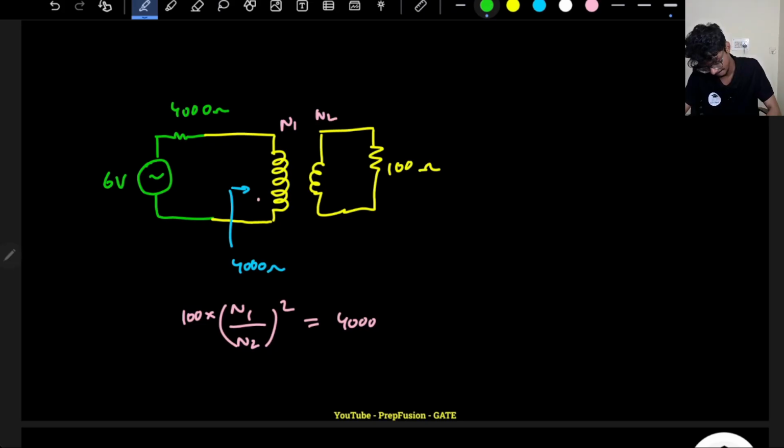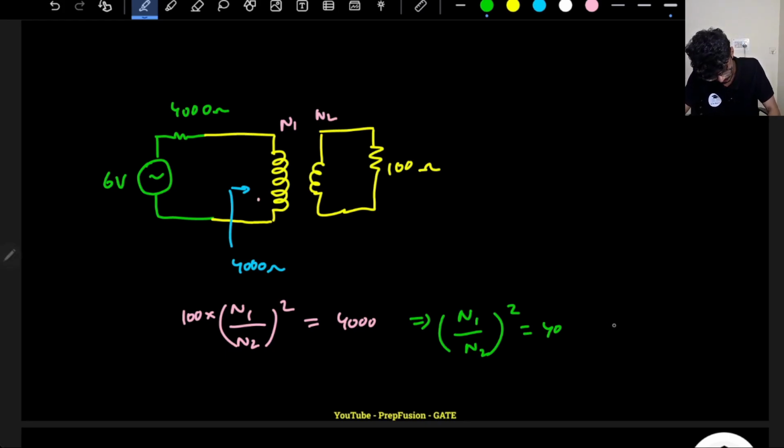So n1 by n2 whole square is 40, or if I take the square root, actually we should have picked better numbers, the square root of this will be roughly 6.32.